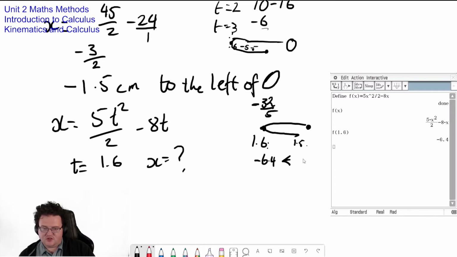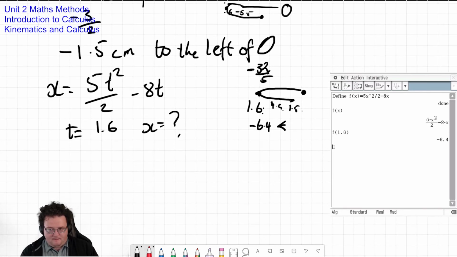So how far did it actually travel? It went 6.4 to the left, and then it looks like it's turned around and come back. So how far is it between 6.4 and 1.5? The distance between 6.4 and 1.5 is 4.9.